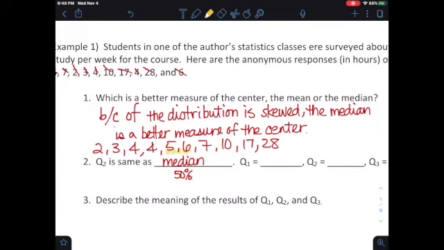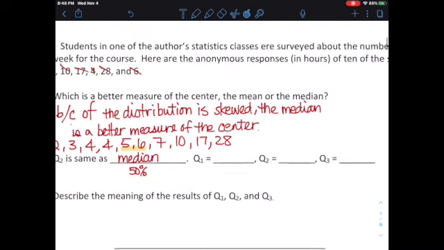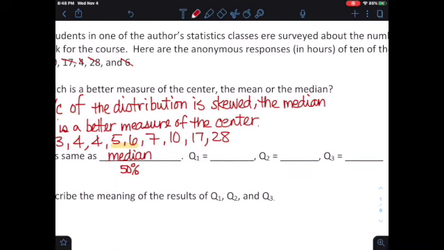And if 5 and 6 are in the middle, that means your median is going to be 5 plus 6 divided by 2, and that is going to be 5.5. That's by doing it by hand.